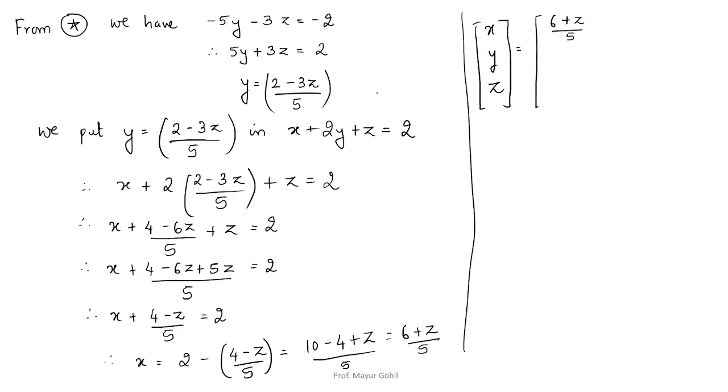For y we have got 2 minus 3z over 5, and for z it is all z again, right? And here we write where z is arbitrary. Okay, so this is the solution for the given question. So this is the 8-mark question in your examination, and that's how you solve it.